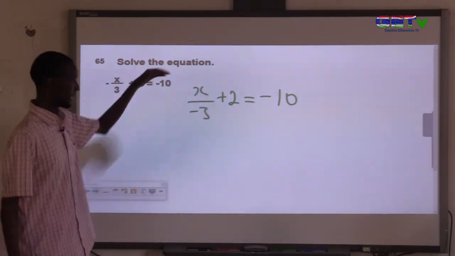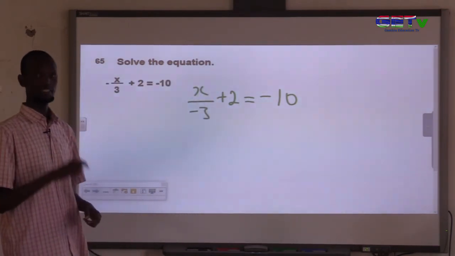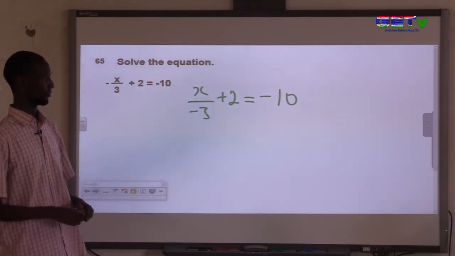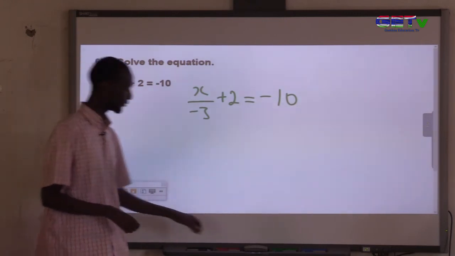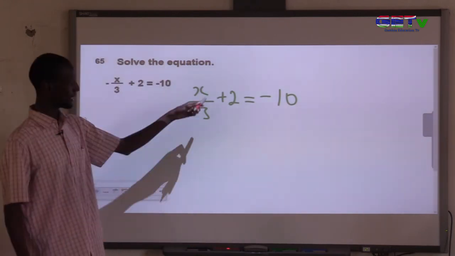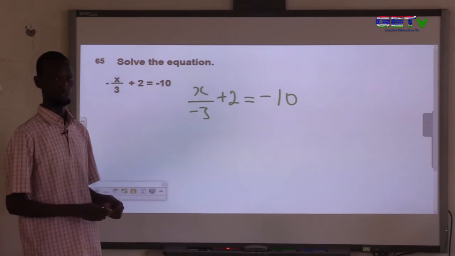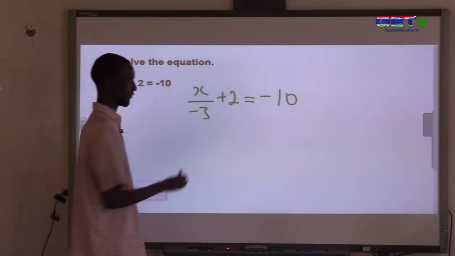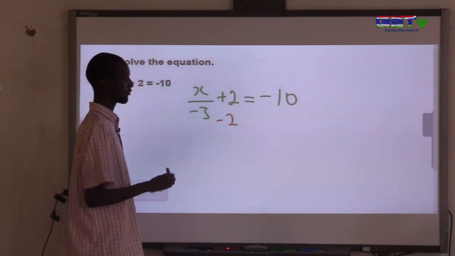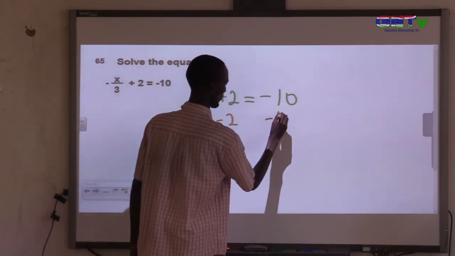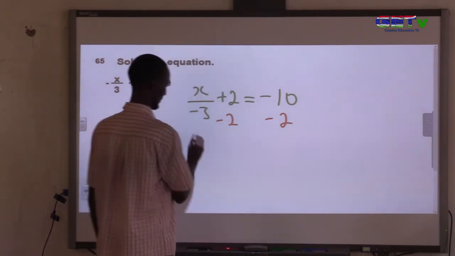Now, x over negative 3 is x divided by negative 3. That's the division. Plus 2 is an addition. So therefore, we know we need to undo the addition before the division. Therefore, we must subtract 2 from the left-hand side, also subtract 2 from the right-hand side.